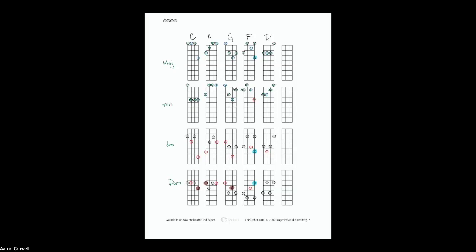Now we're going to look at our chords and how they tie into the scale picture. We talked about how the 1 chord is major, the 2 chord is minor, the 3 chord is minor, the 4 chord is major, the 5 chord is major, the 6 chord is minor, and the 7 chord is diminished. We also talked about how the diminished and the dominant tie into each other, being that the 7 of any key is simply the 5 as a dominant without the root.